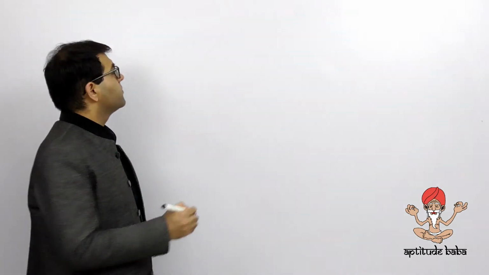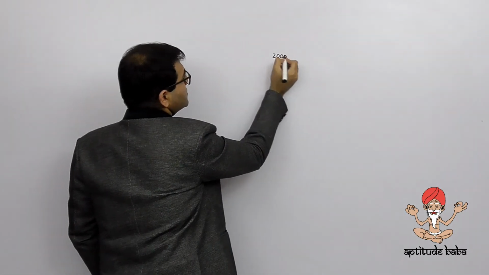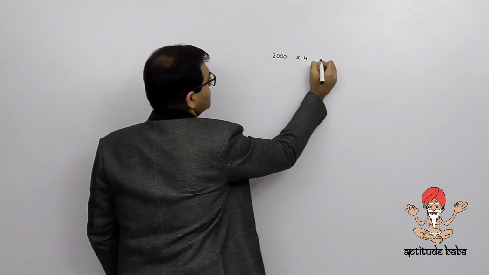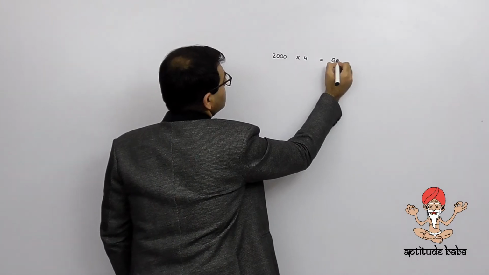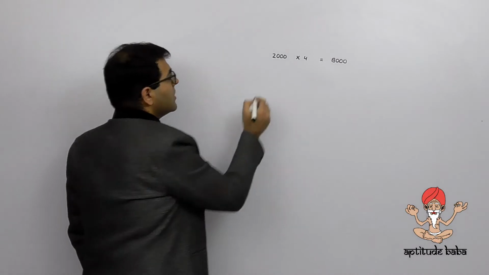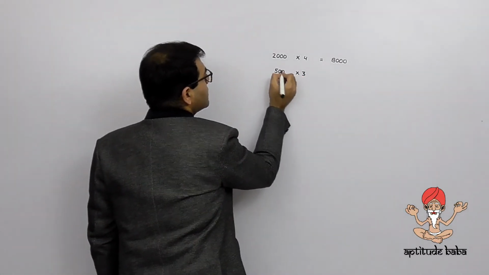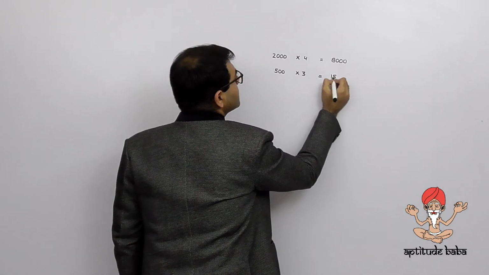While you were figuring out the answer as 10,000, the basic logic that your brain worked out was the following. We have 4 notes of rupees 2000 each. Therefore, the total value contained in these notes is 8,000. We had 3 notes of rupees 500 each, so the total value contained was rupees 1500.